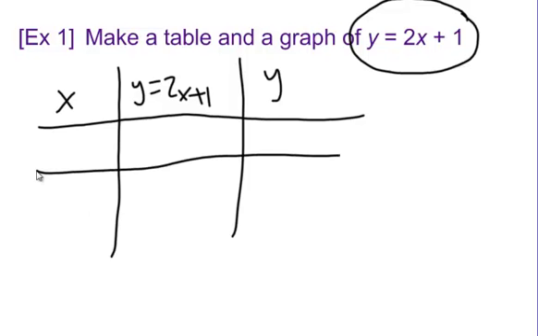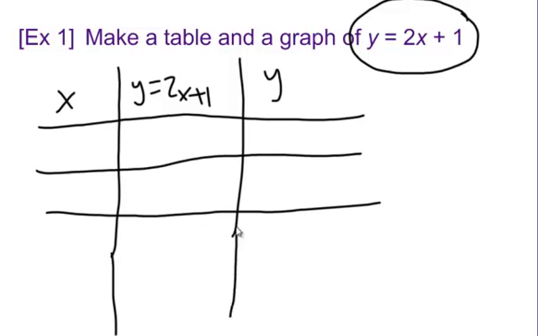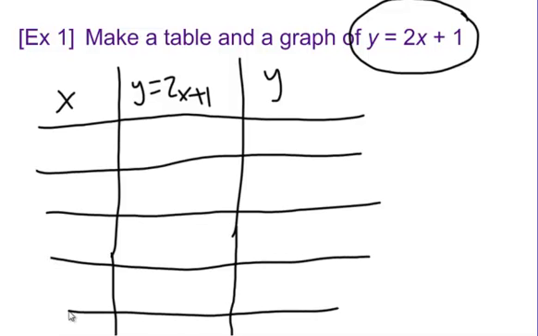Now, again, I'm going to pick easy numbers because it's easier on me and they're easier to graph. I'm not going to pick anything with a half or a decimal. I'm going to pick some negative numbers too so I get good representation. So I'm actually going to do -2, -1, 0, 1, and 2.